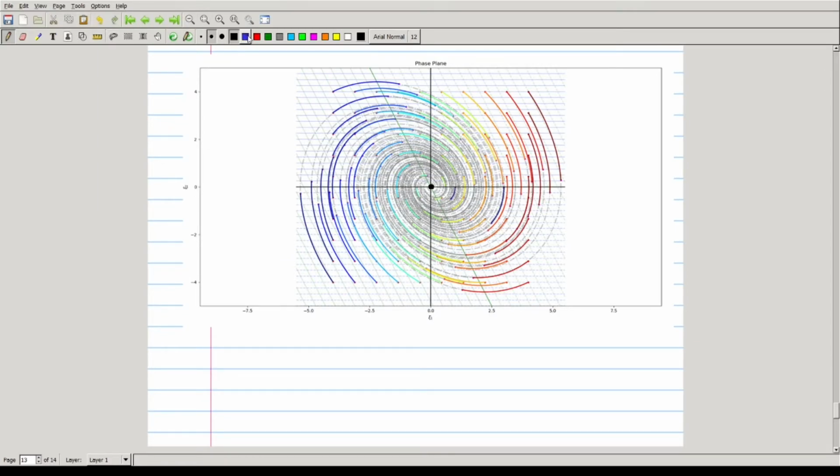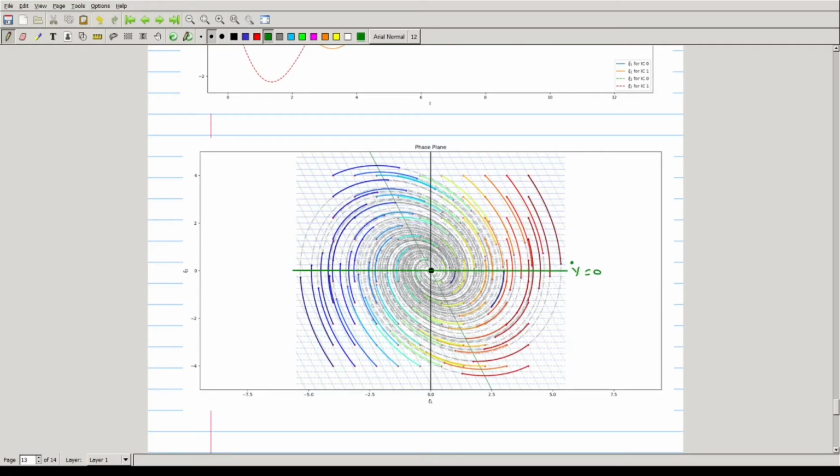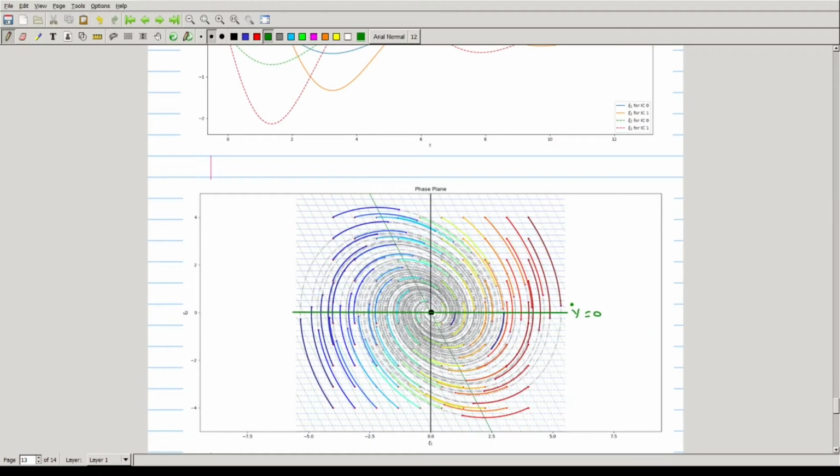So for this case, the y dot equals 0 nullcline is when x is equal to 0, or v is equal to 0.